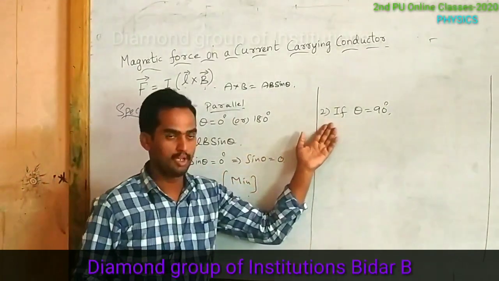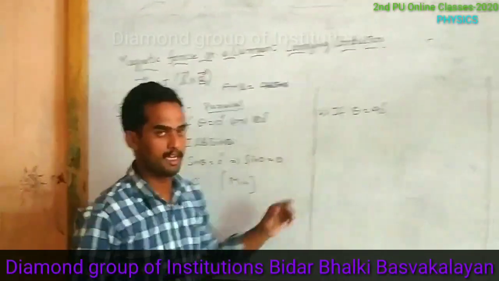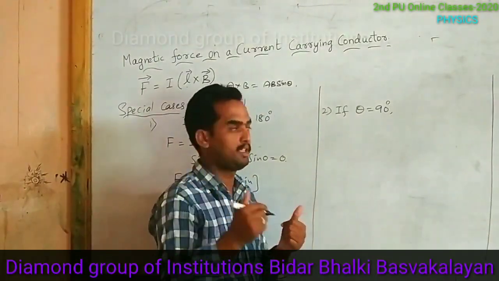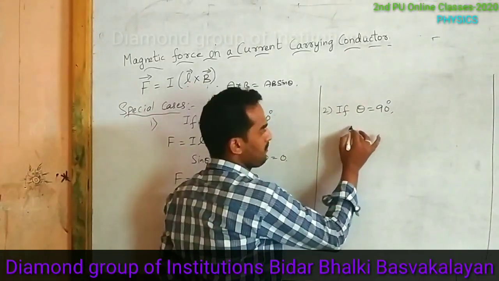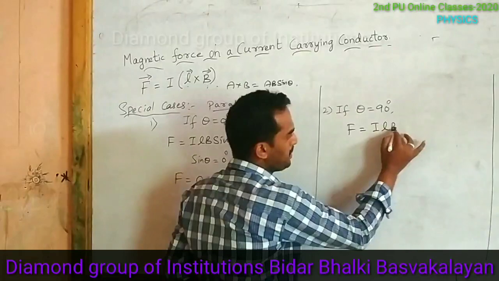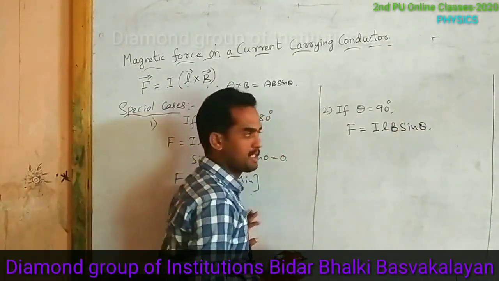Now case 2: if theta equal to 90 degrees, that means the angle between the current and the magnetic field is 90 degrees. Then what is the formula? F equal to ILB sin theta.